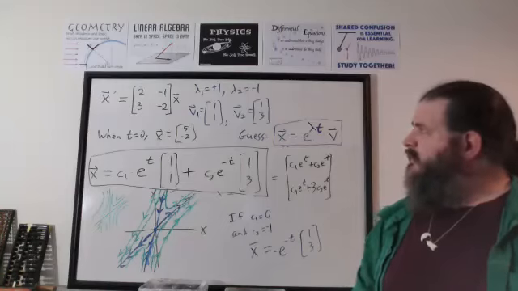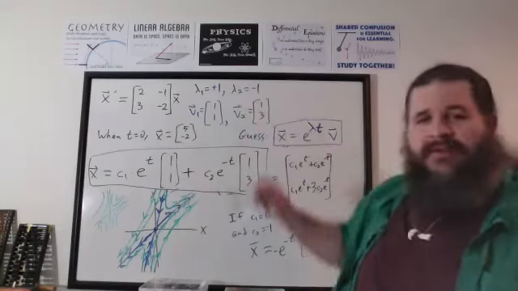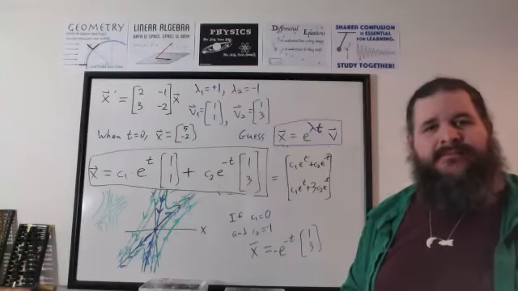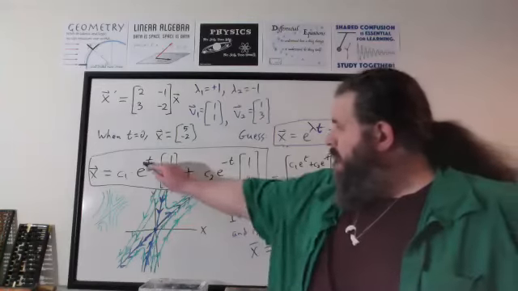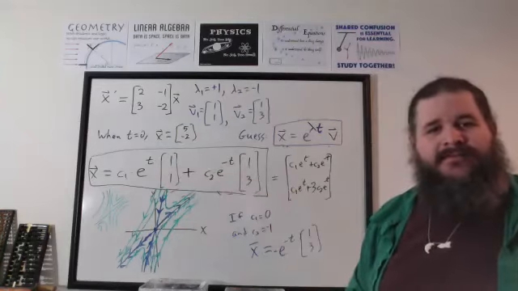By the way, what would you expect to happen if you ended up with both of the eigenvalues being negative? If these were both negative, what would you expect to happen?